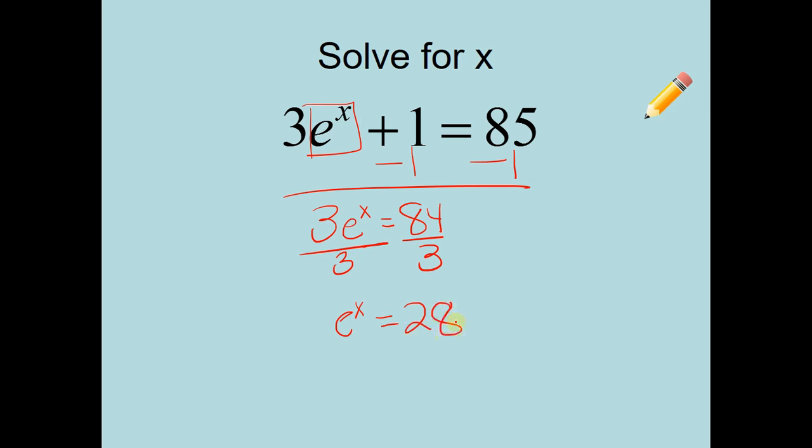Now, I'm going to log both sides. But remember, guys, I'm not just going to log both sides, because the opposite of e, the log version of e, is ln. So I'm going to ln both sides, actually. My x is going to drop out in front using properties of logarithms.